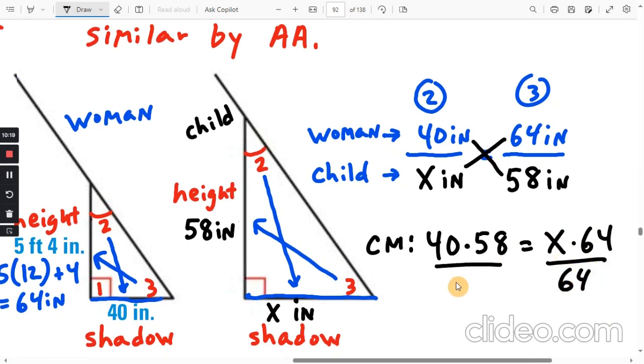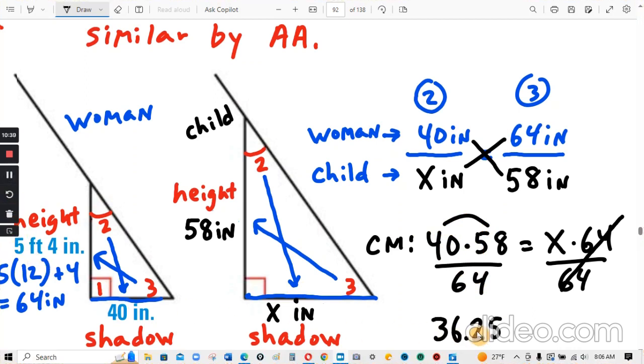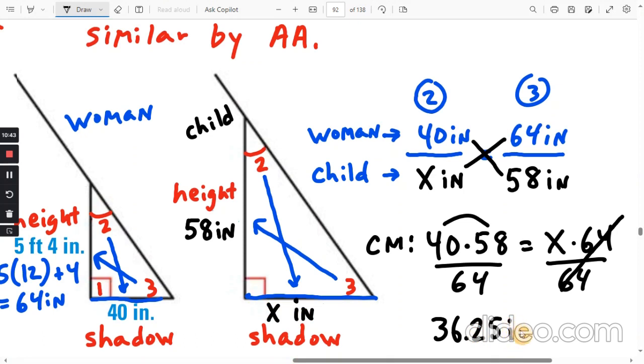You do that to both sides in order to solve for X. Cancels right here. I'm going to do this part on the calculator. If you want to do this by hand, I would cancel, reduce top and bottom. But I'm going to do 40 times 58 divided by 64. And I get 36.25. The units on the shadow were in inches. So X is going to be 36.25 inches.